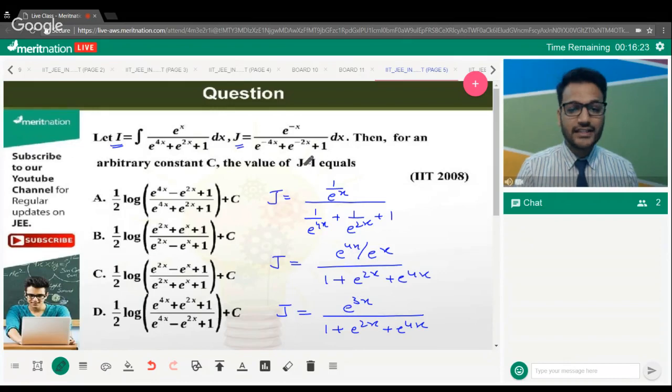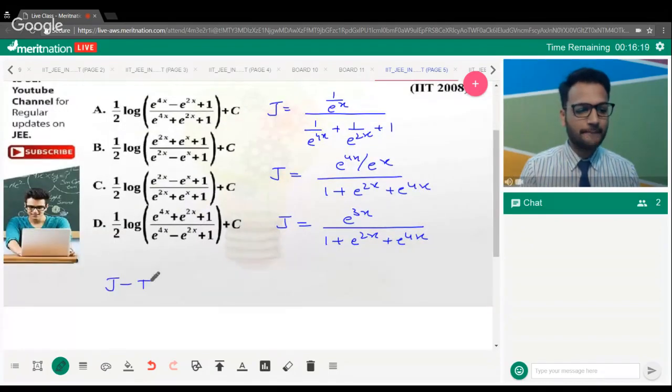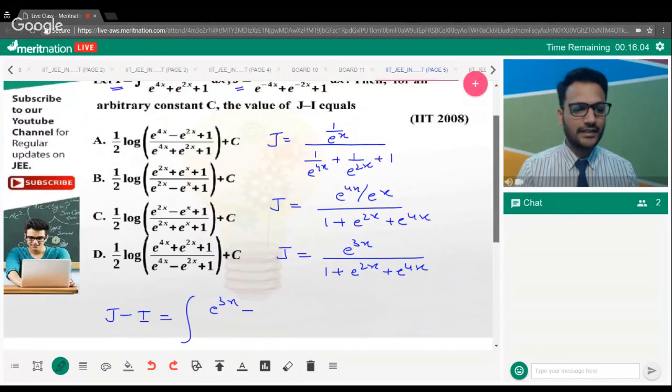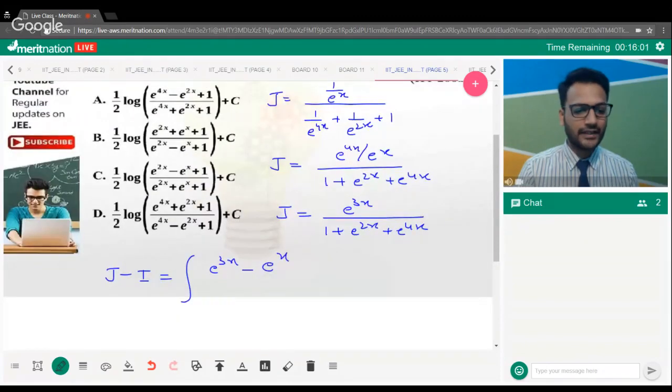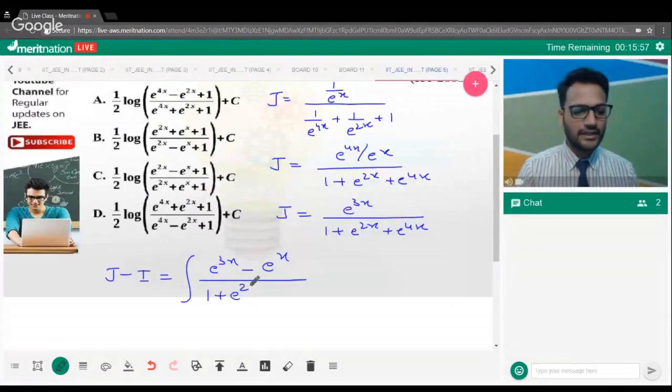Now, the question asks for J minus I. J minus I will be e to the power 3x minus e to the power x, divided by 1 plus e to the power 2x plus e to the power 4x, because the denominator in J and the denominator in I are exactly the same.